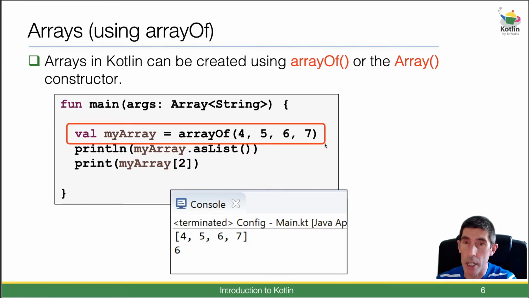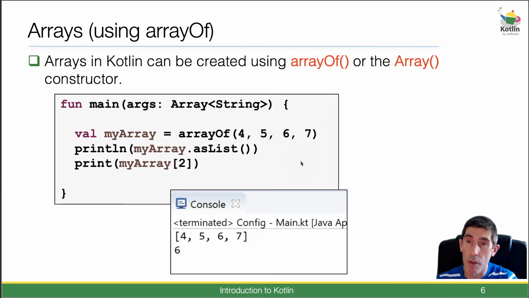Here we are creating a variable called myArray, using the arrayOf function, passing in 4 separate numbers, and then we can print it out as a list. We can say println myArray.asList, so another function there, and then we can print myArray and access it via an individual index too. Again, remember, indexes start from 0, same as Java.